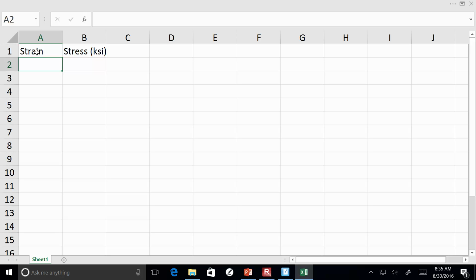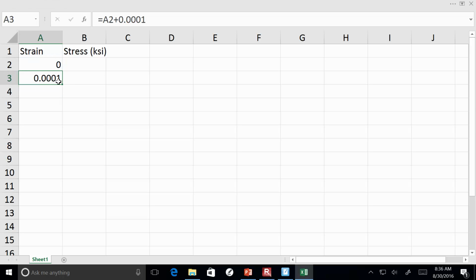So 0, all right. I'm going to keep these strain values pretty small, okay? So we'll do something like 0, then equals this plus 0.0001. We'll keep them pretty small, okay?